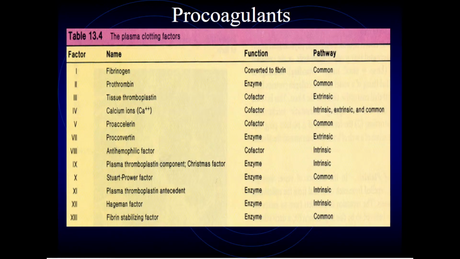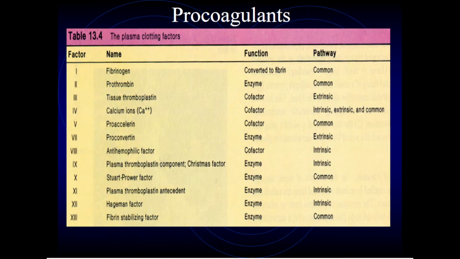Several of them are manufactured in the liver in a vitamin K dependent reaction. Normally, they are present as inactive proenzymes, but once activated, each factor activates the next by proteolytic cleavage.